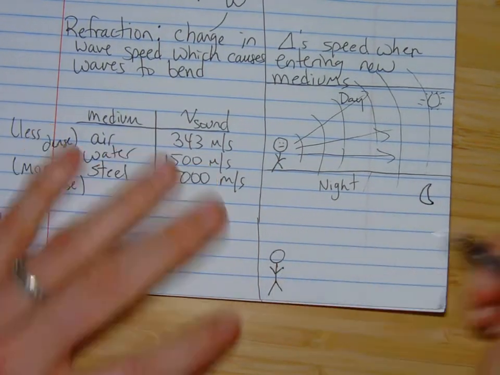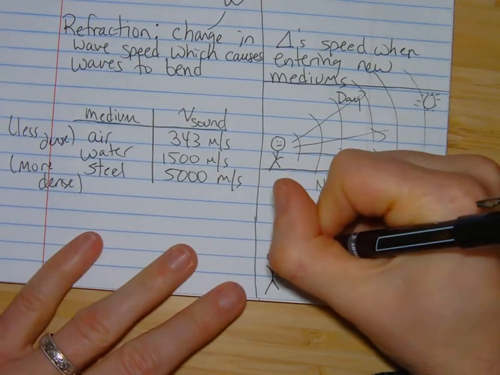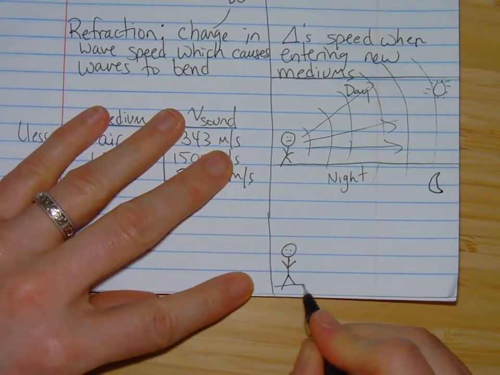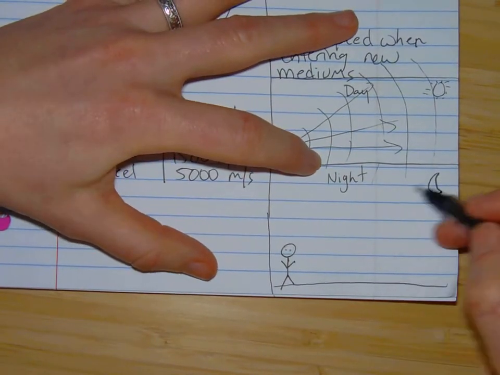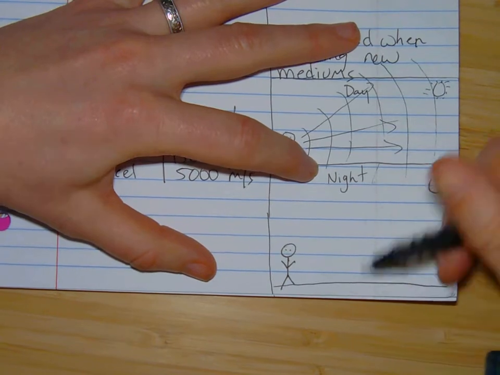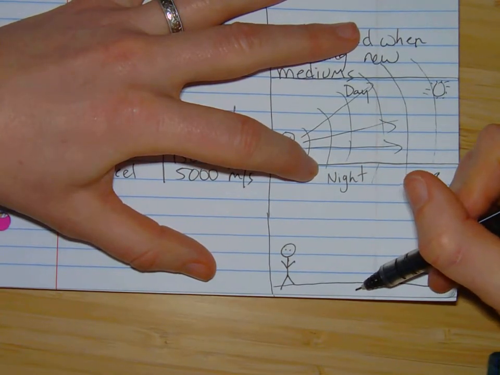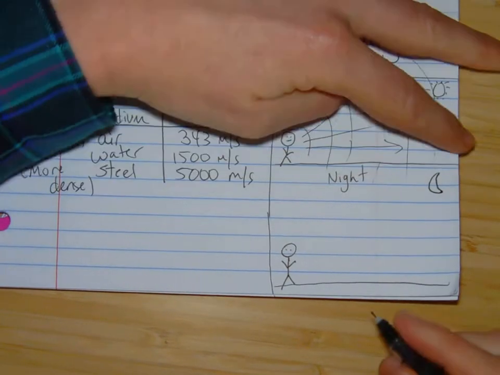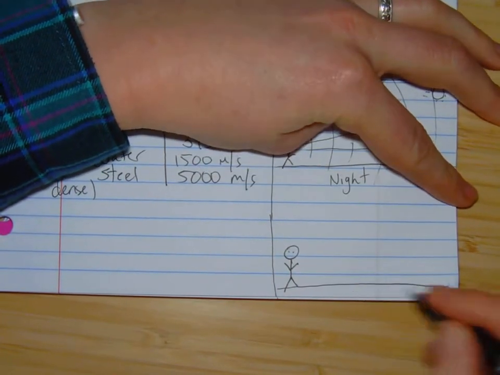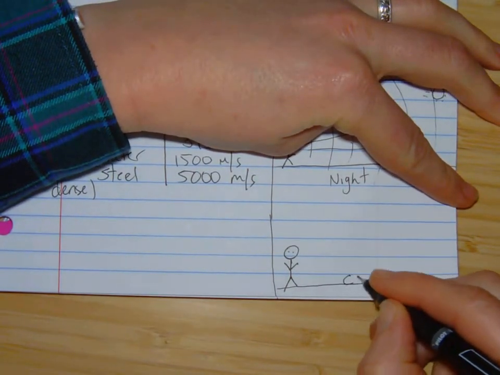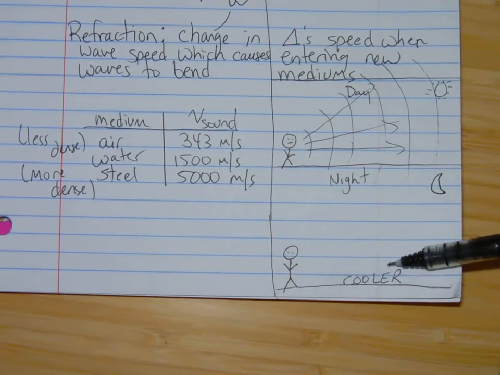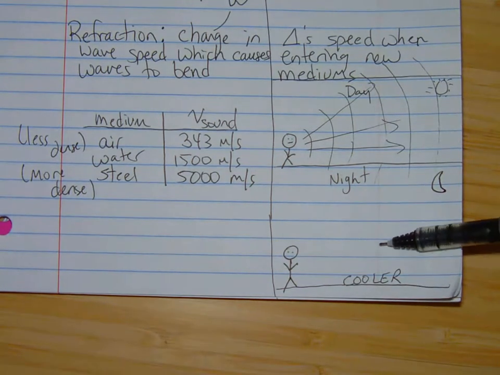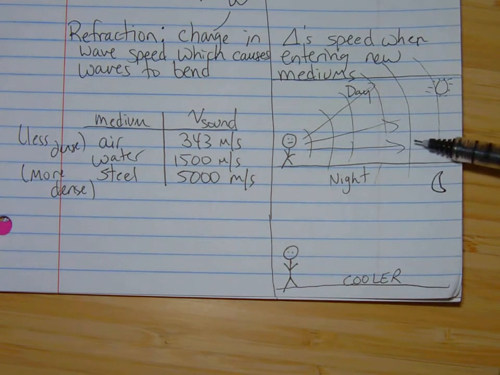We haven't talked about heat capacity yet, but for right now, you'll just have to trust me that at nighttime, the ground cools faster than the air. We haven't talked about why yet, so for right now, just realize that it will be cooler towards the ground. And cool air does not allow the sound to move through it as quickly as warm air.